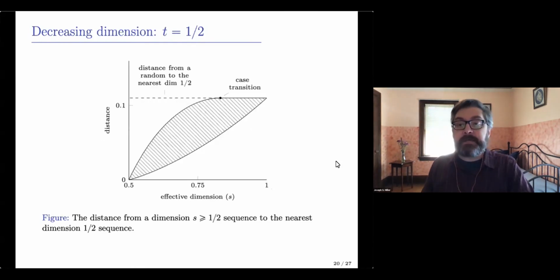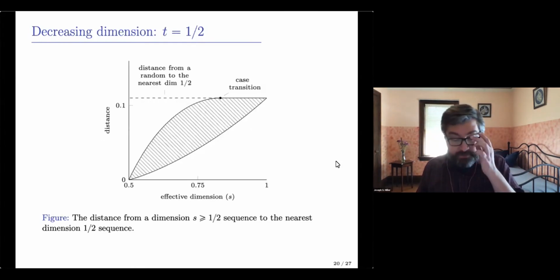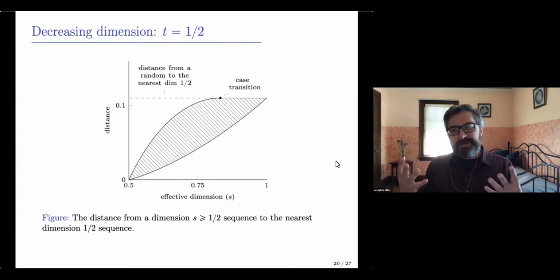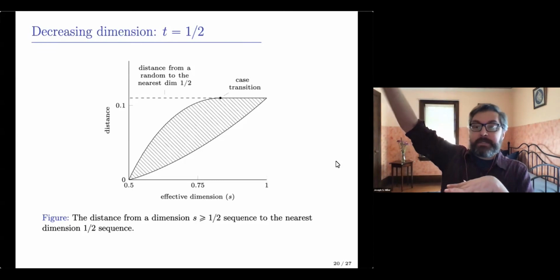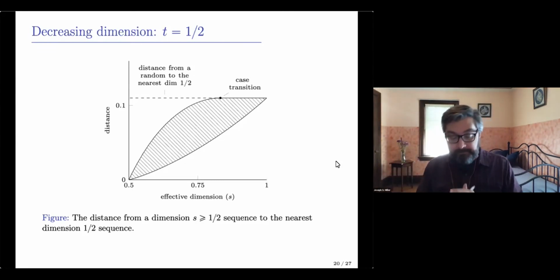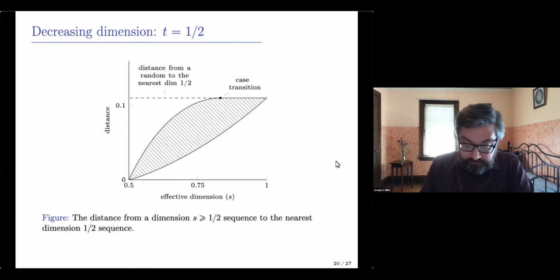let's flip our perspective, fix t, the lower dimension, to be 1/2, and look at compressing down from, or not compressing really, but dropping the dimension of a sequence of dimension s down to dimension 1/2. As you see, for large enough s, you can't do any better than random.